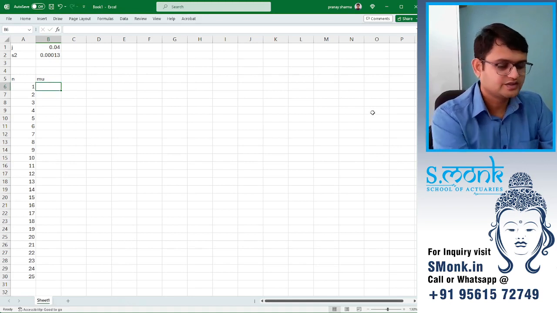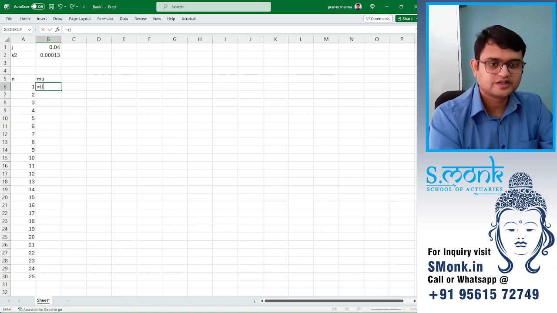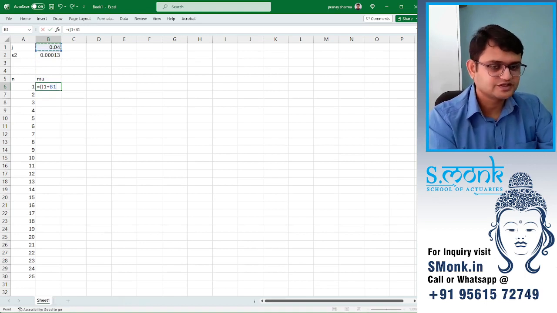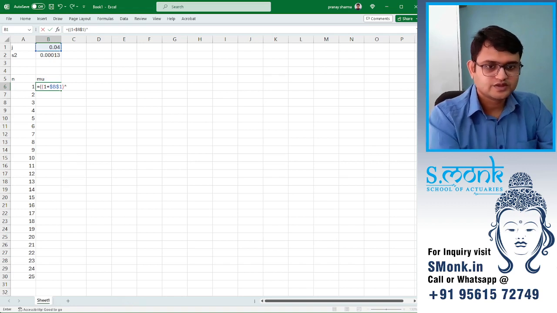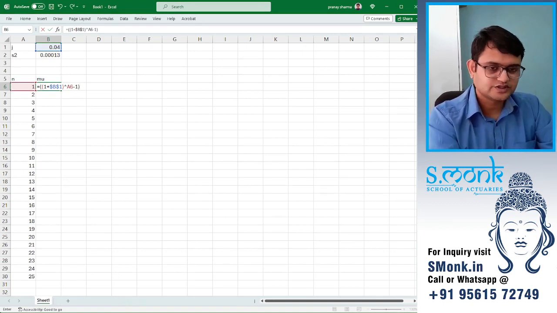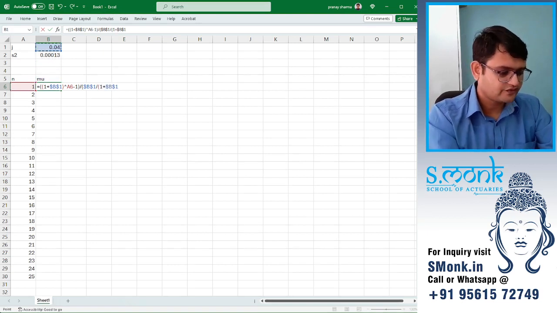So S double-dot n is equal to bracket numerator, another bracket 1 plus j, which is 4%, I will fix it, bracket close, raised to n minus 1, bracket close, that's the numerator closed, divided by d in the denominator, that is the same as j, fix it, divided by another bracket 1 plus j, and fix it.